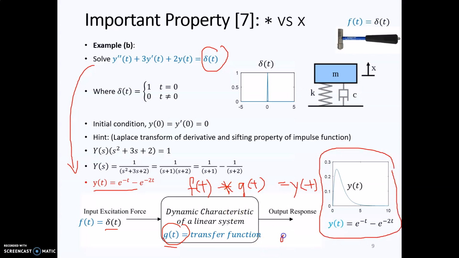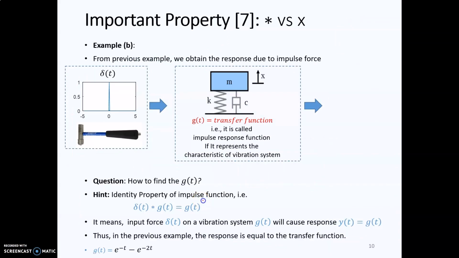How if you want to find g(t)? How can we get it? In this case, we can use the identity property of the impulse function. When you take the delta function convolved with g, you will get back g.